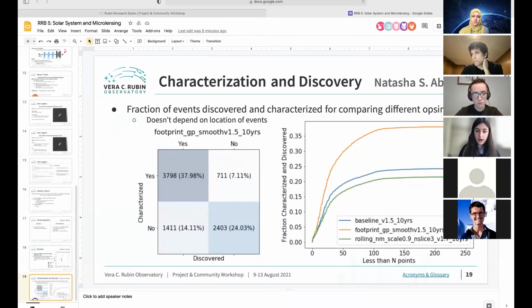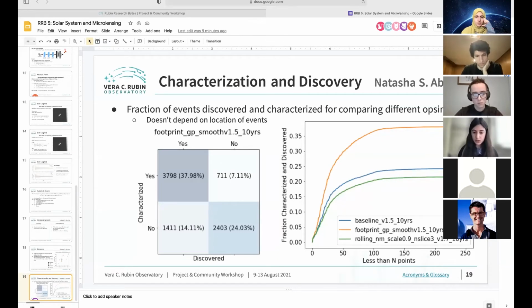So when we throw characterization into the mix, as you can see on the left, these 2, characterization and discovery, where characterization is the Fisher metric here, tend to be aligned, though the characterization is a stricter metric. So there tends to be fewer events characterized than discovered.